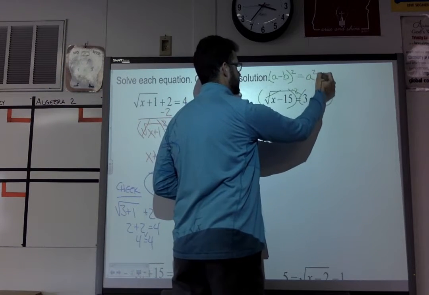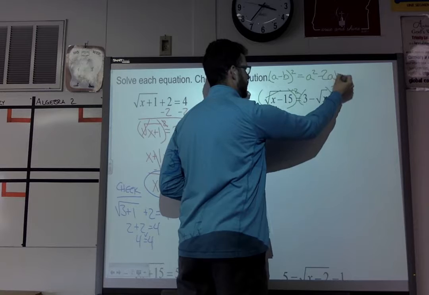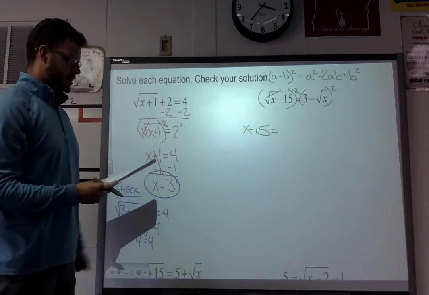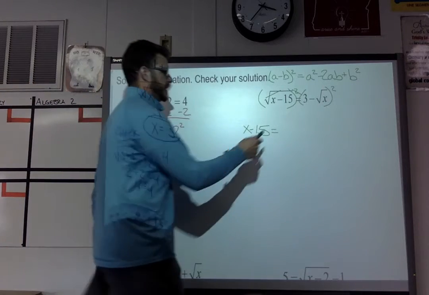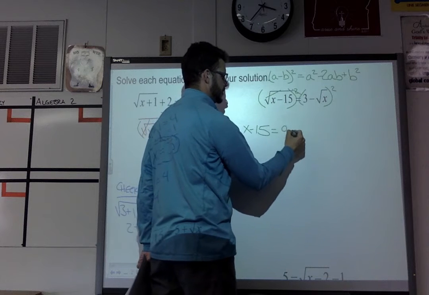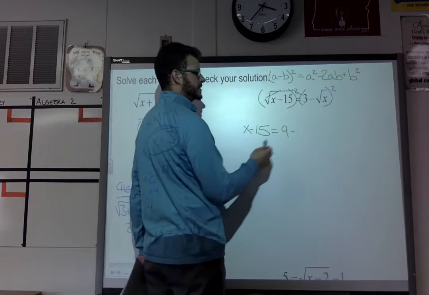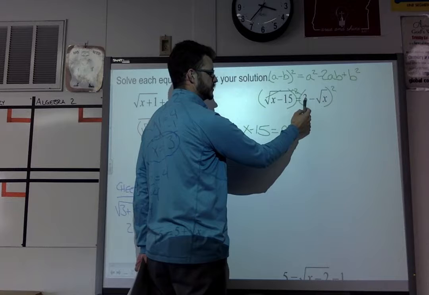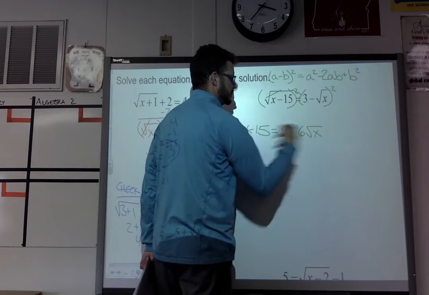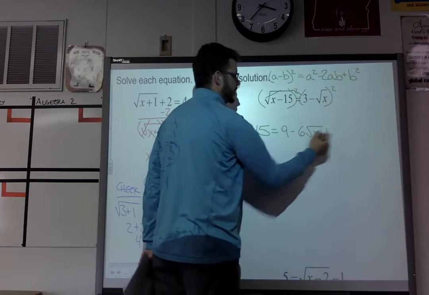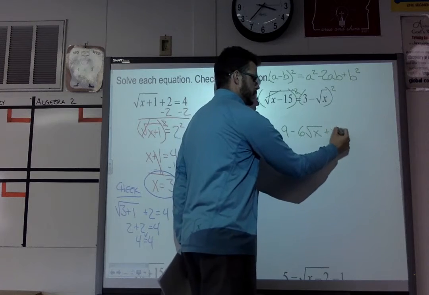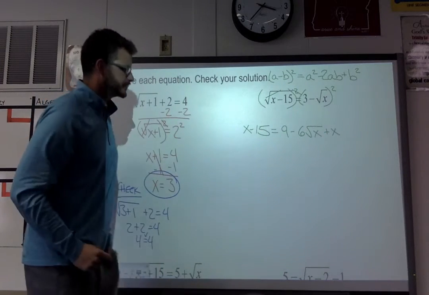It's going to be a squared minus 2ab plus b squared. So in this case, a is 3, so 3 squared is 9, minus 2 times a times b. So 2 times 3 is 6, times the square root of x. So 9 minus 6 root x, plus b squared. The square root of x squared is just x.